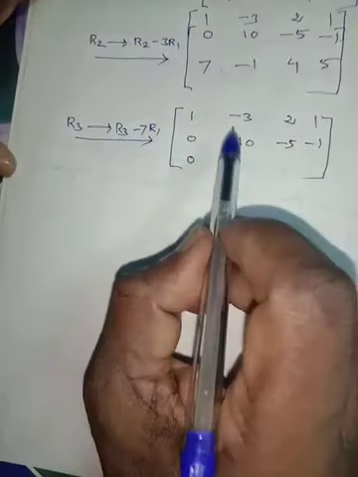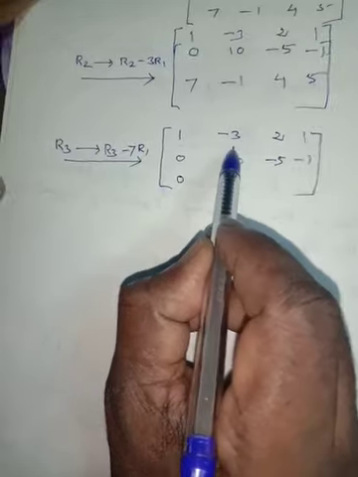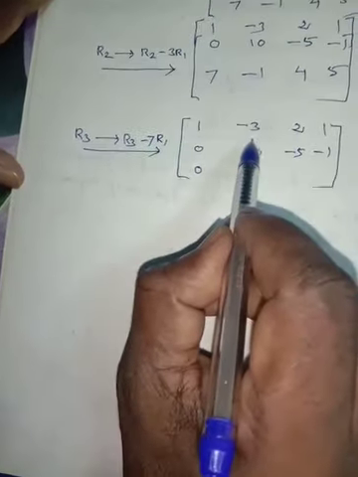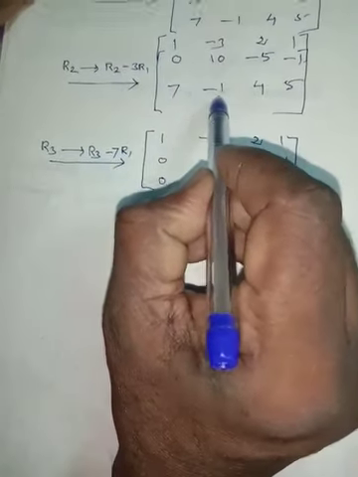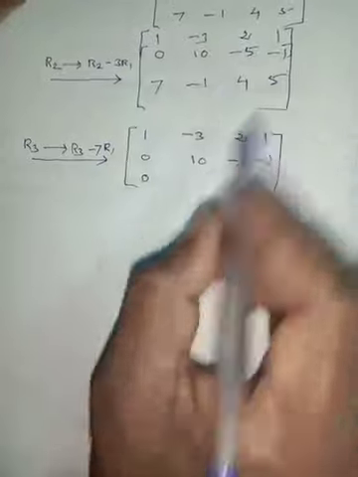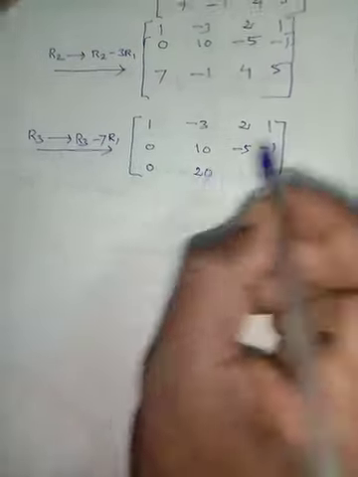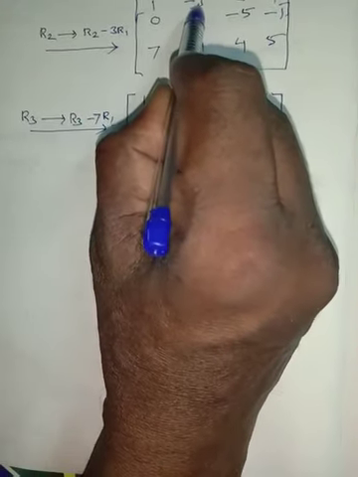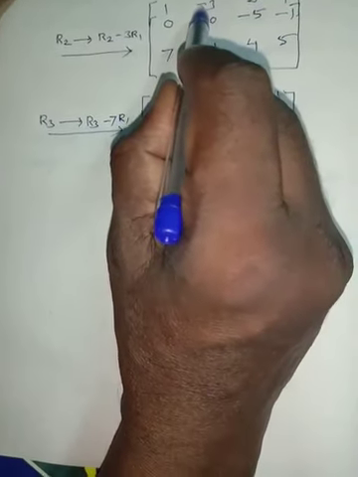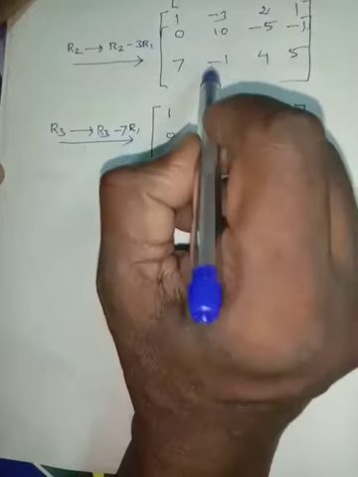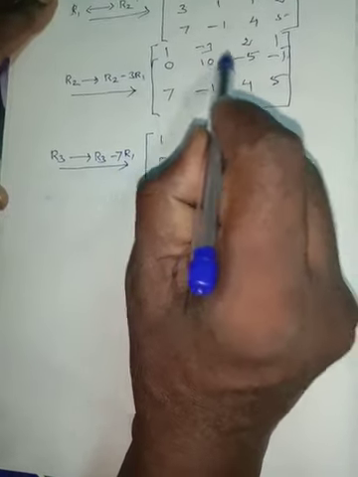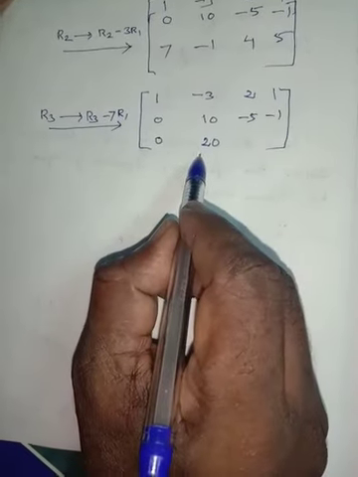Next minus 1 minus of minus 21, that is plus 20.